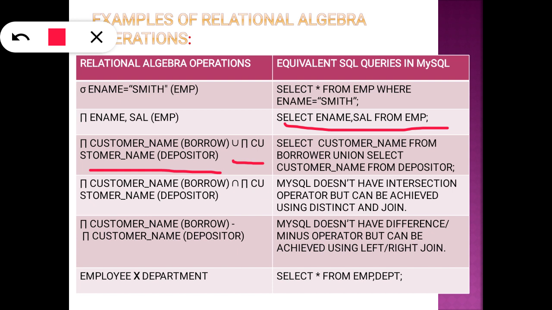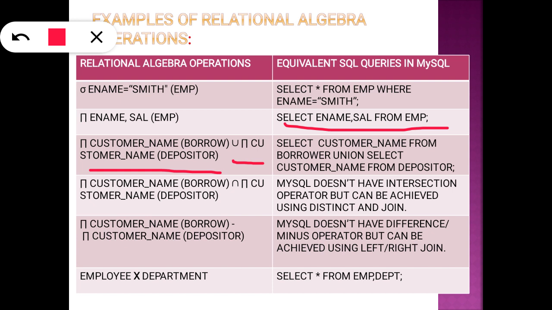SQL in MySQL also supports the union operation. You can simply write select customer name from borrower, union select customer name from depositor. What will the query do? The query will display all the customer names present in borrower as well as depositor, and the common name will be represented only once.